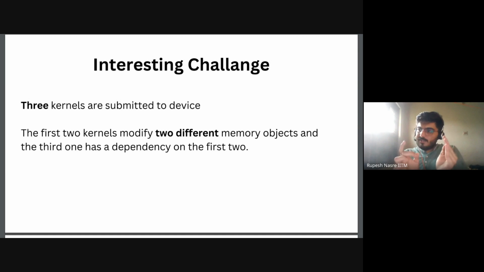Kernel 1 will initialize matrix 1. Kernel 2 will initialize matrix 2. Kernel 3 will square the values which you initialized in kernel 1, and kernel 4 will square matrix 2, which you initialized in kernel 2. I want you to try out this example on your own, and tomorrow we can discuss how we can do it.